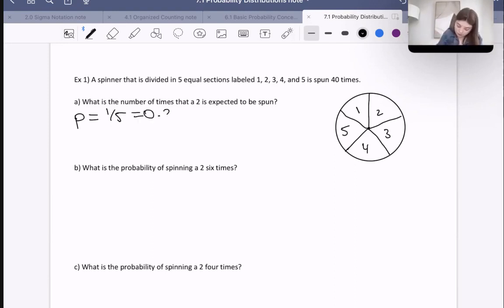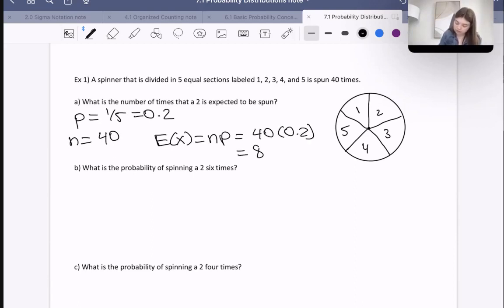And the total number of times we're going to do this experiment is 40. And we're expecting that 1 in 5 times out of those 40, we're going to end up with a success. We're going to end up with a 2. And so the expected value is n times p, as stated earlier, which is going to be 40 times 0.2, which is 8, right? Which makes sense.